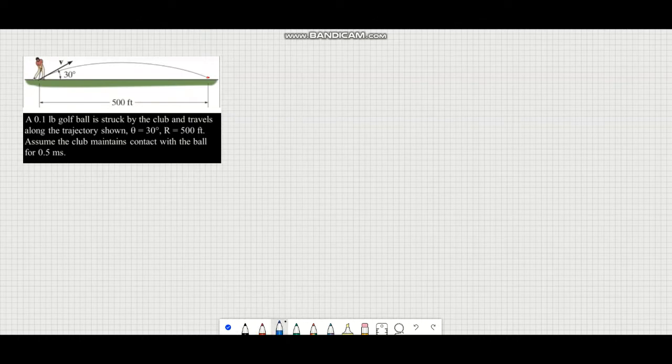We don't know the initial velocity. We know the angle of the external force acting on this golf ball, the mass m is 0.1 pound, and r, the distance, is 500 feet.